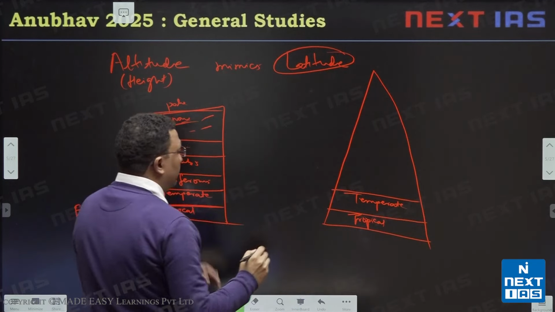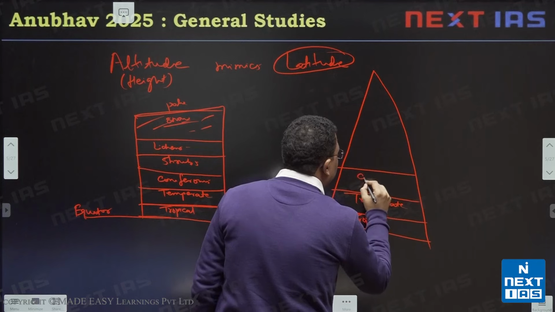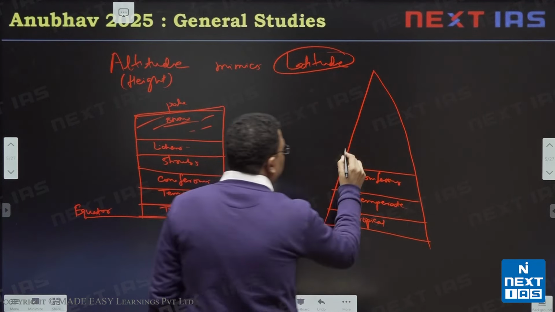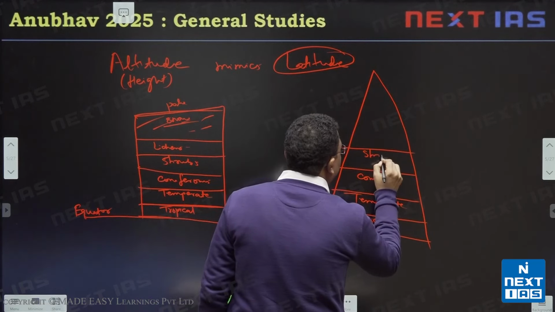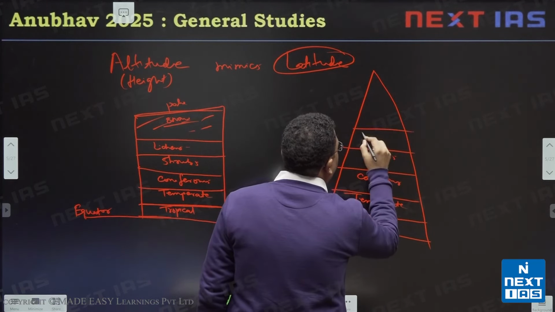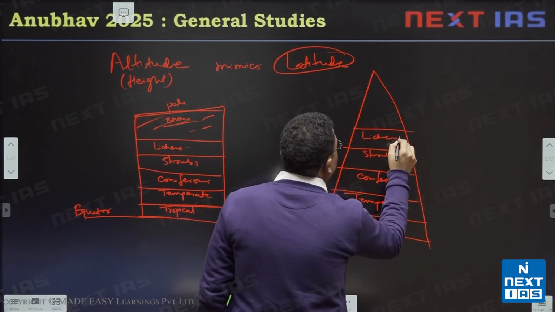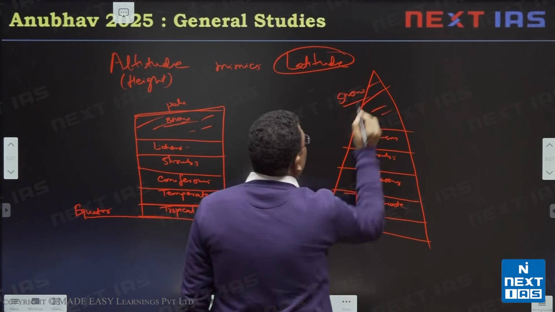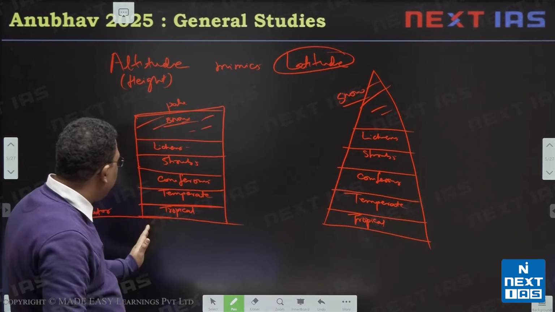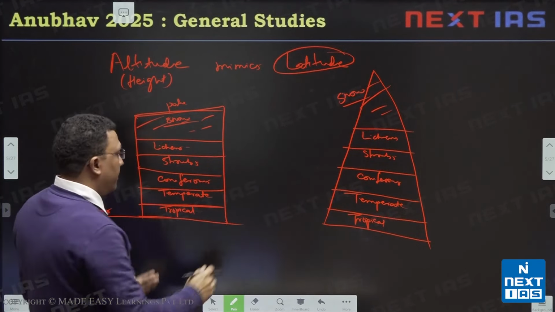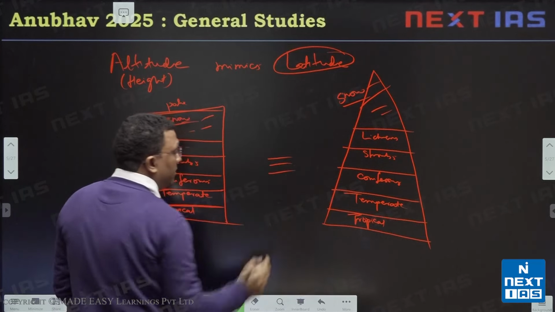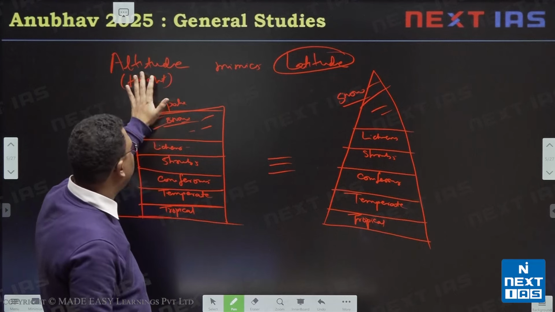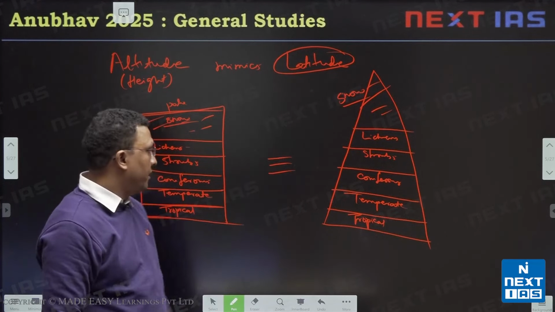Then will be coniferous, then shrubs, then lichens and mosses, and the upper part will be covered by snow. So if you see, the distribution along the latitude is almost similar to that along the height. So this is what is meant by altitude mimicking latitude.